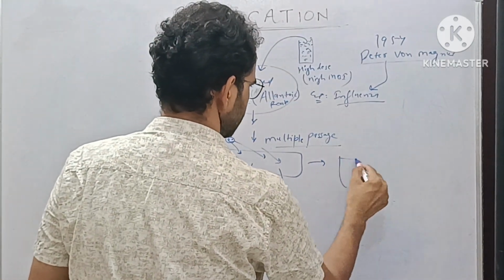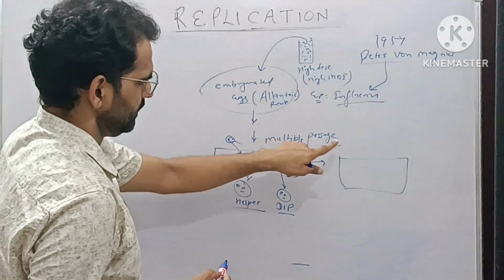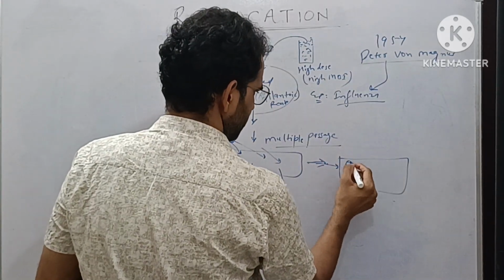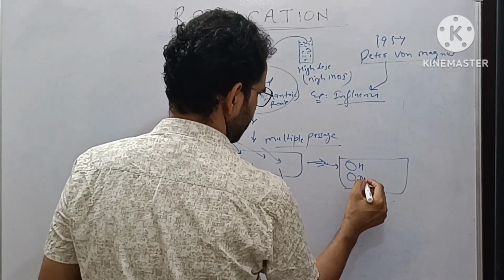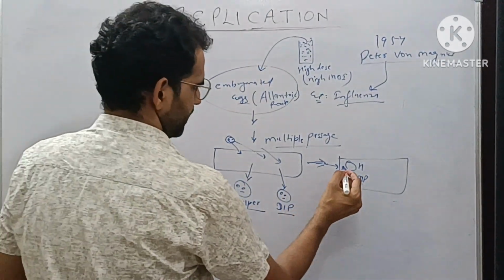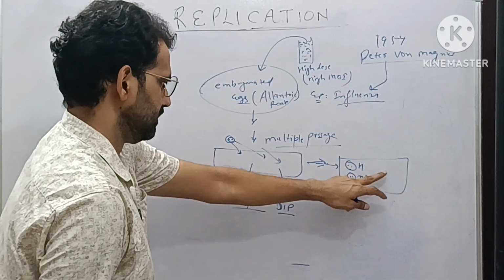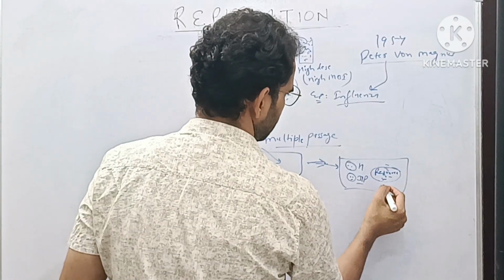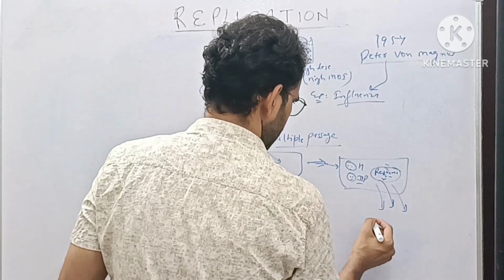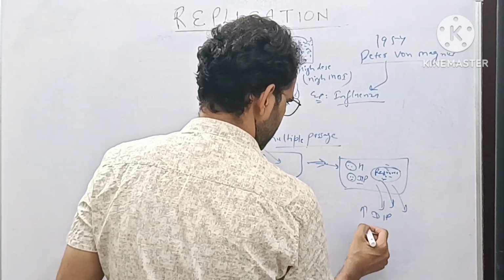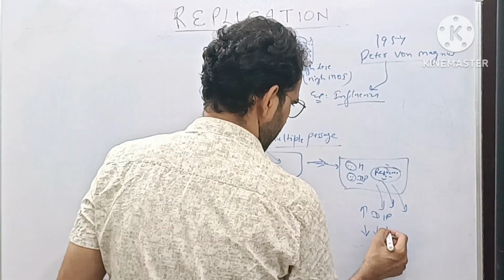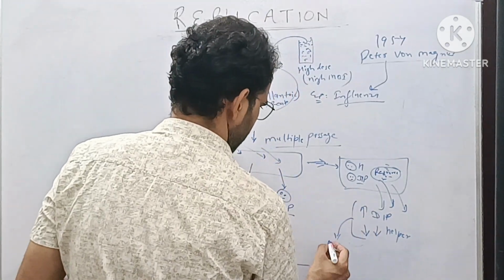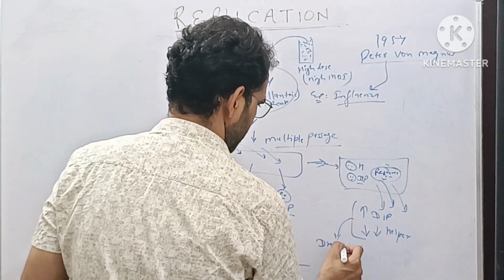Because in successive passages, if again we pass it through the cells, then both helper and DIP, defective particles, will enter and utilize the resources of the cell, and more DI particles and less helper or normal virus comes out. So this was called drop in yield.